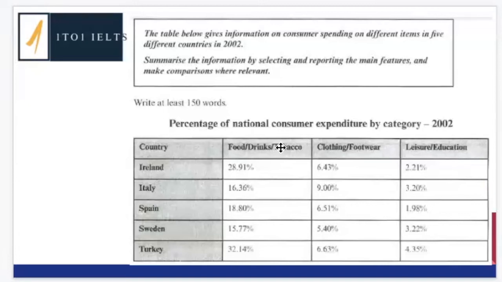Compared to, for example, food, drinks, and tobacco. Looking at these numbers, are they big numbers or small numbers for leisure and education? And how about food, drinks, and tobacco?